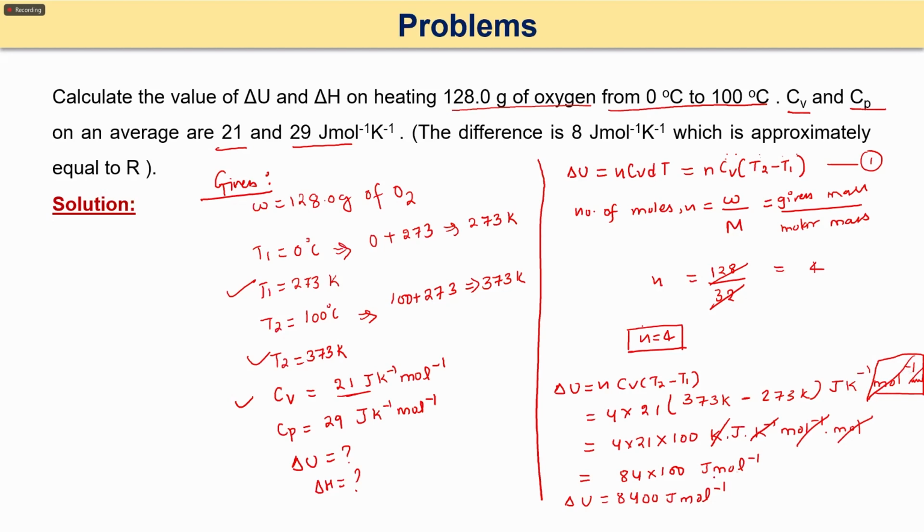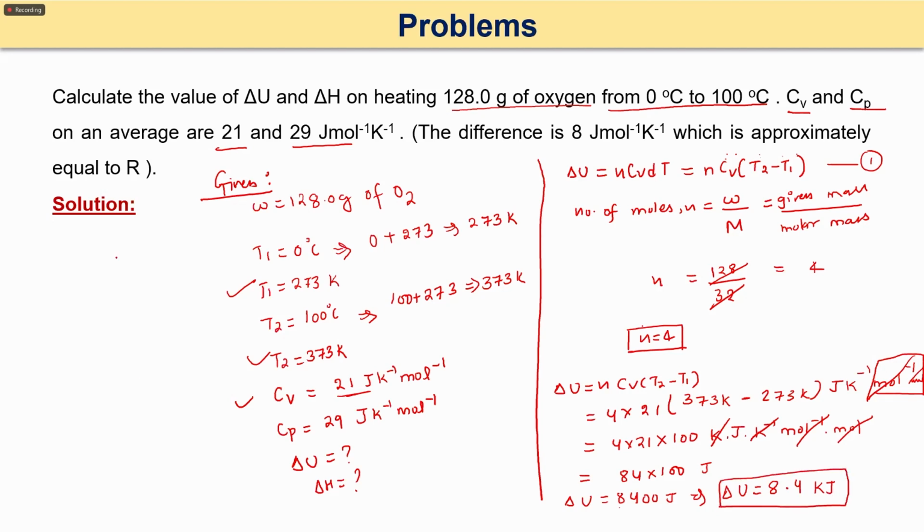What will we be left with? Only joule. Now, in order to change joule to kilojoule, we will divide it by 1000. If we divide it by 1000, it will become 8.4 kilojoule. So this will be your value of the change in internal energy.